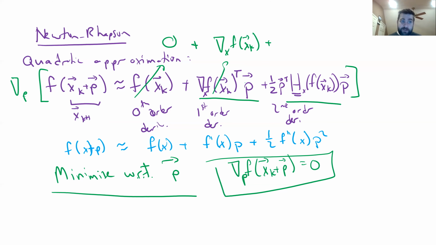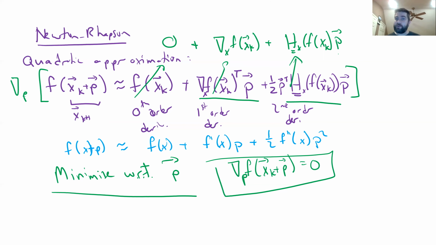The gradient with respect to P of this Hessian term is simply the Hessian evaluated at x_k, the matrix of numbers, times P.